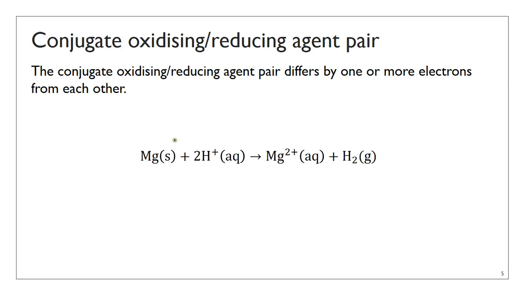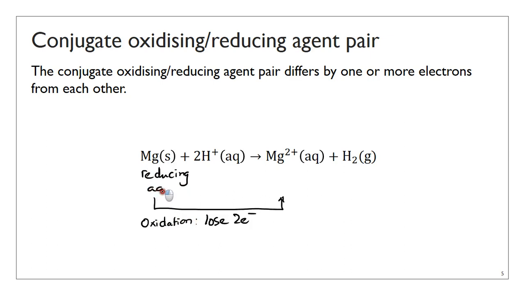So in this case, let's recap what we just did. The process of Mg going to Mg2+ is the process of losing 2 electrons, and it's also called oxidation. Mg is the reducing agent, which undergoes oxidation.